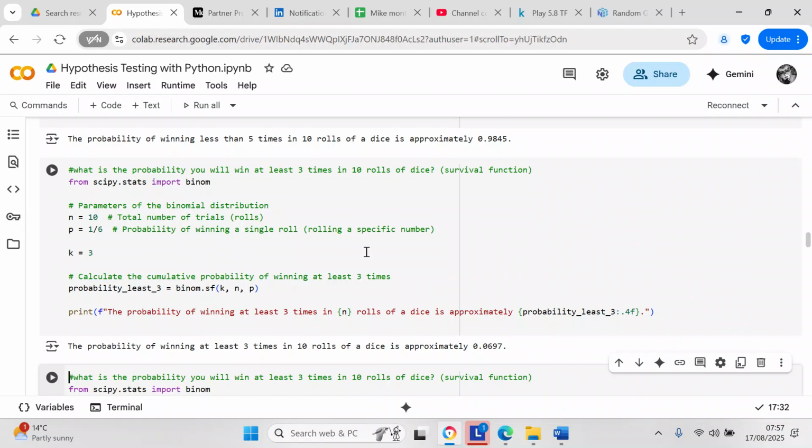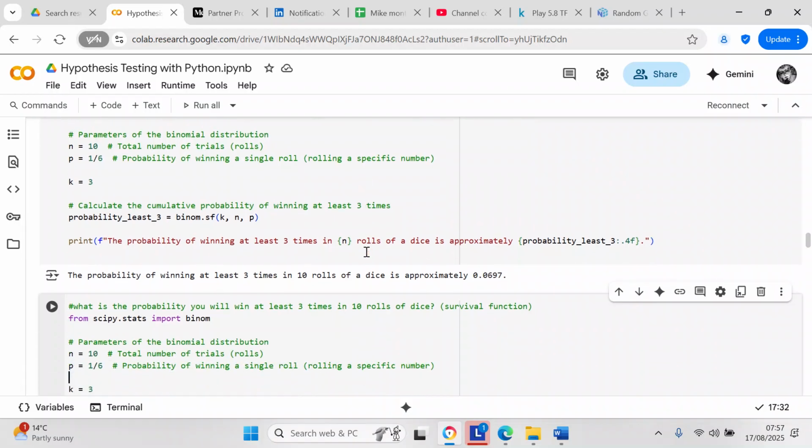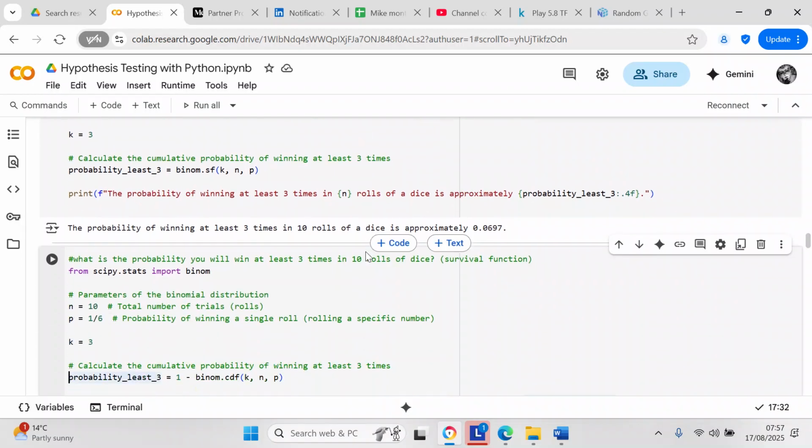The next one, we're going to try a survival function as well, but we're going to do it a different way.